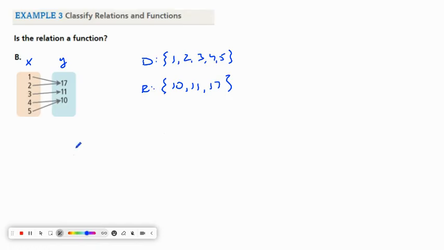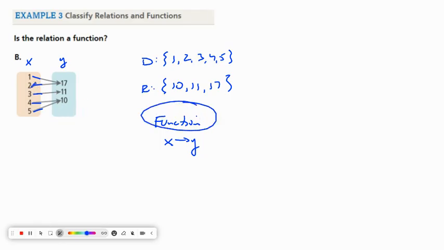So now again, is this a function? Does each x go only to one y? Well, if you look, this has one arrow, this has one arrow, this has one arrow, this has one arrow, this has one arrow. Yes, this is a function because each x only goes to one y.